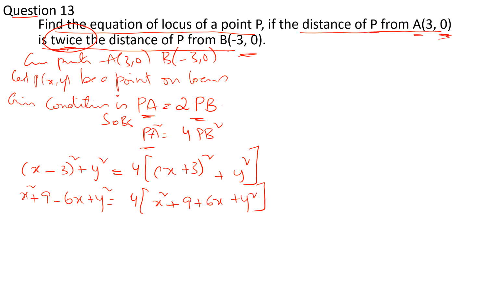So let's take everything to one side: x square plus 9 minus 6x plus y square minus 4x square minus 4y square minus 24x minus 36 is equals to 0.